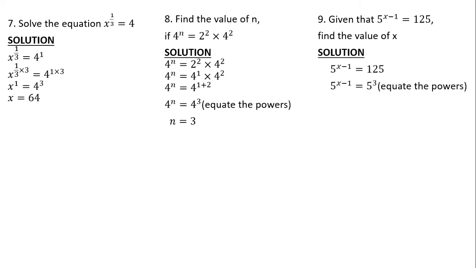So we are going to say 5 to the power x minus 1 is equal to 125 is the same as 5 to the power x minus 1 is equal to 5 to the power 3. From there, we are going to equate the powers. So our x minus 1 will be equal to 3. To find the value of x, we'll move the negative 1 from the left to the right, which will give us x equal to 3 plus 1. Therefore, our x is equal to 4. As simple as that.